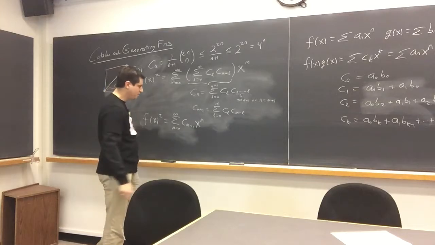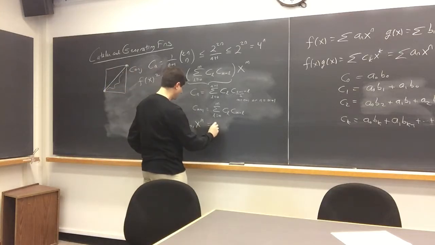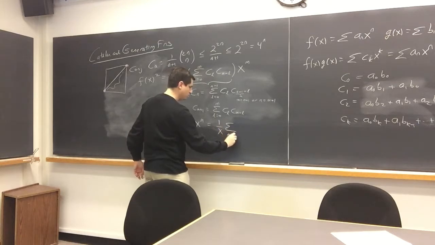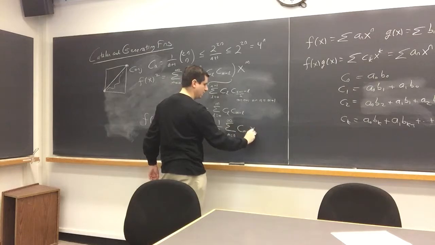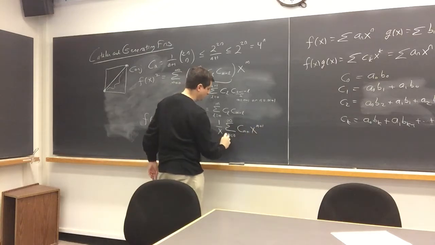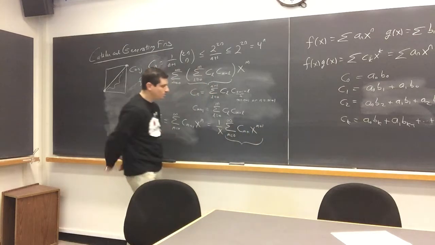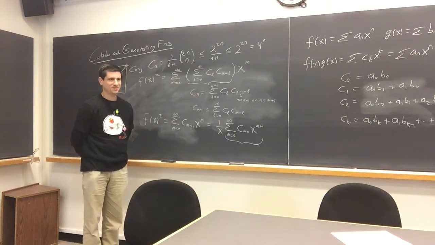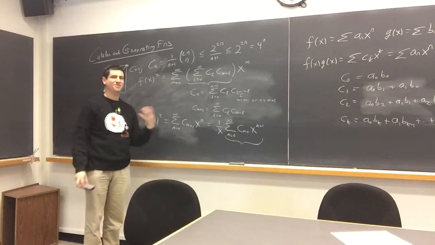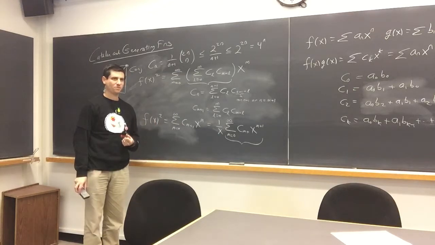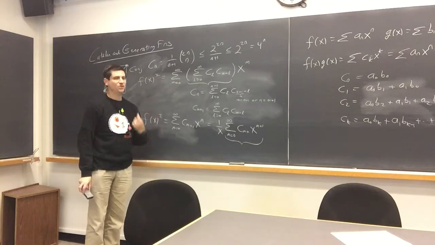So we have to then divide by x. So this would become 1 over x, the sum m goes from 0 to infinity of c_{m plus 1} x to the m plus 1. What does that almost look like? f of x. It's not quite f of x. Why is it not f of x? It doesn't have the constant term.